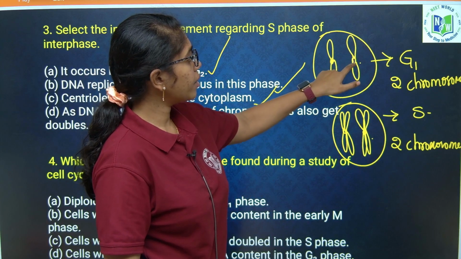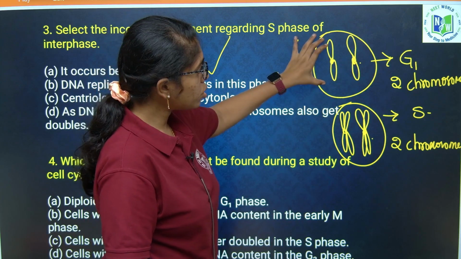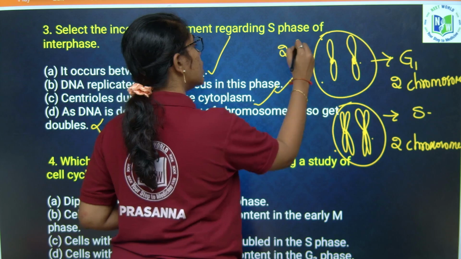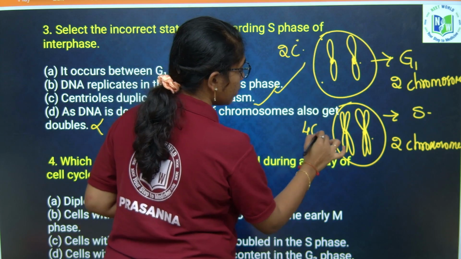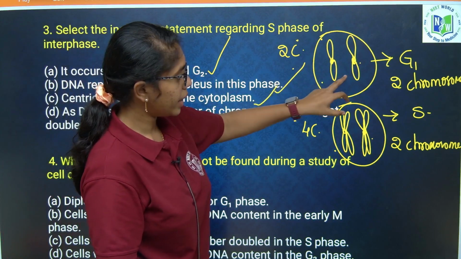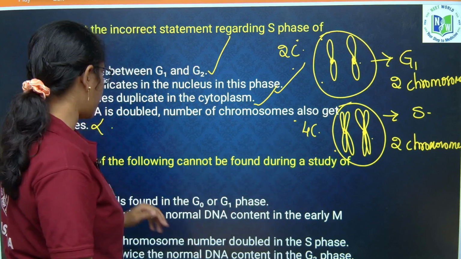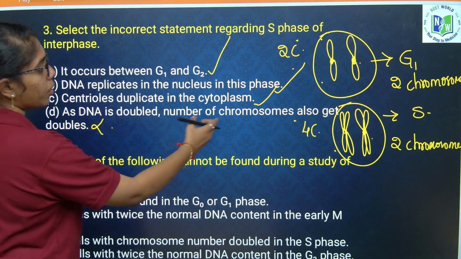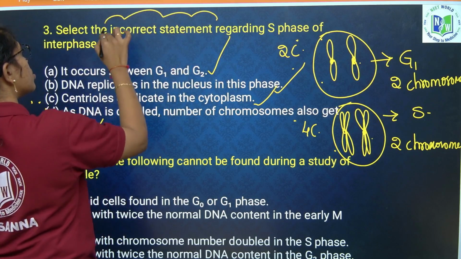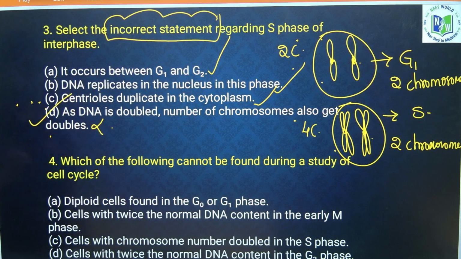If 2C is the amount of DNA in G1, here it will be 4C. DNA content has doubled, but the chromosome number remains the same. So the statement that as DNA doubles, number of chromosomes also doubles is wrong. He asked us to identify the incorrect statement, so our answer will be D.